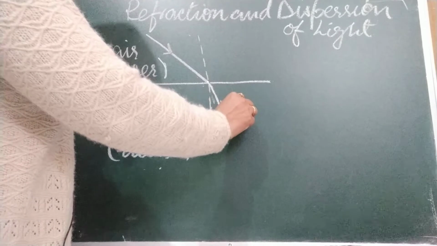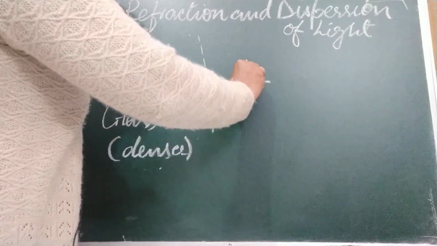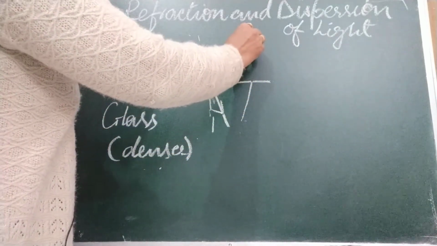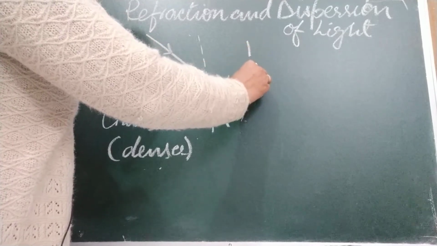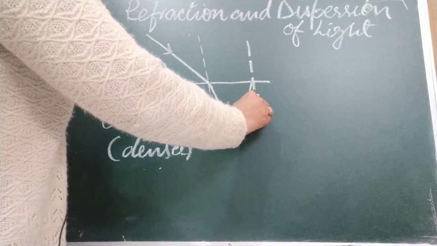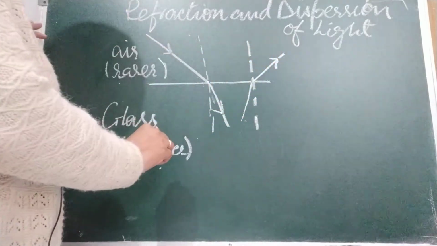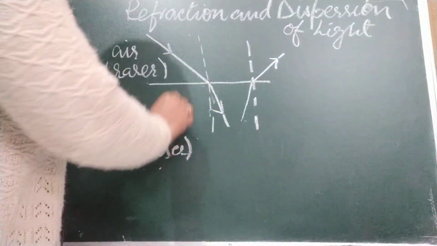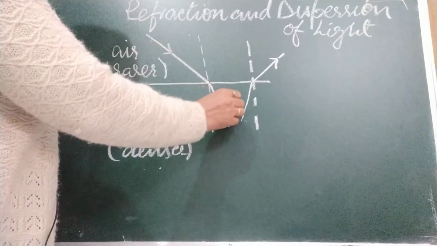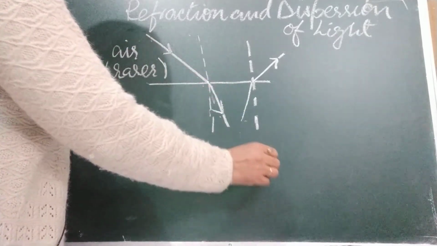And children, when this ray goes out from the denser medium to the rarer medium, it moves away from the normal. So it is clear, these rays do not follow the same path.